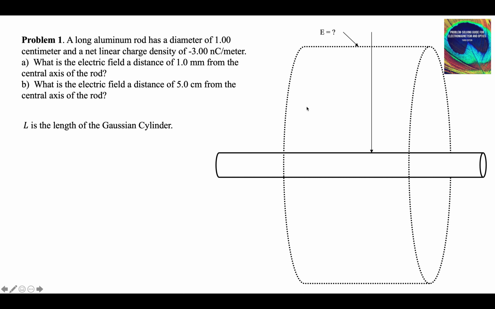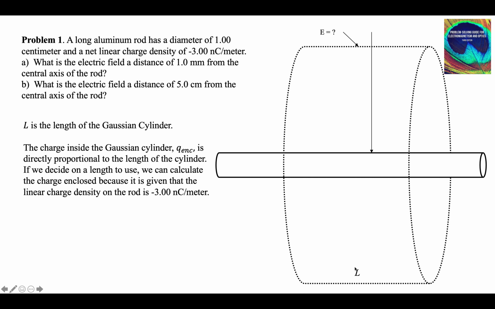Here's the curved surface from a different angle. L is the length. That's this thing down here, the length of the Gaussian surface. The charge inside the Gaussian surface is the part of the rod that's inside our Gaussian surface, our cylinder. The longer L is, the more charge we have. The linear charge density is given, minus 3 nanocoulombs per meter.